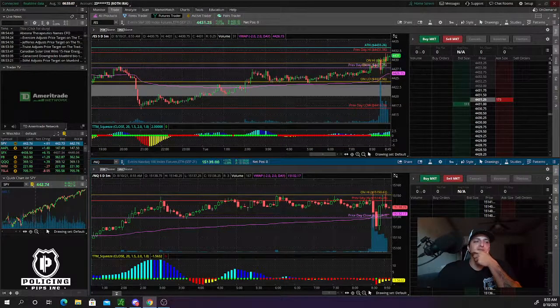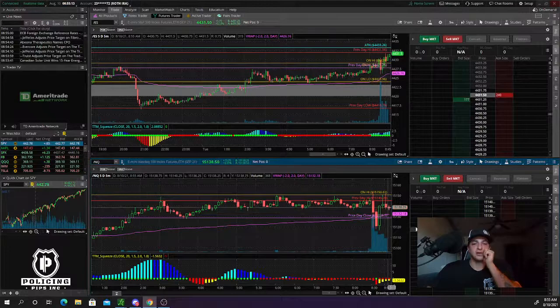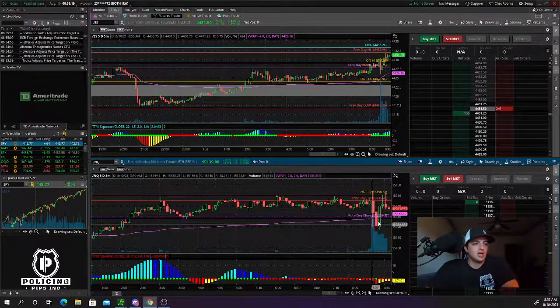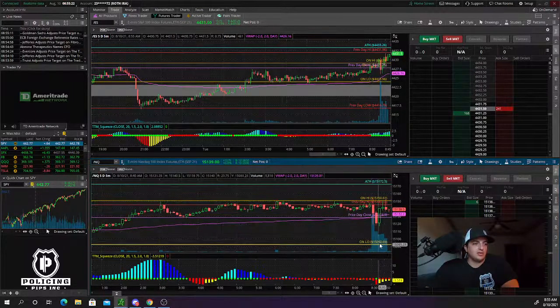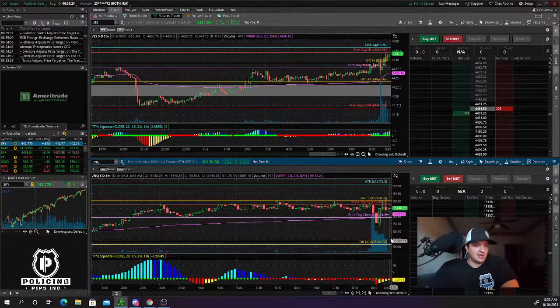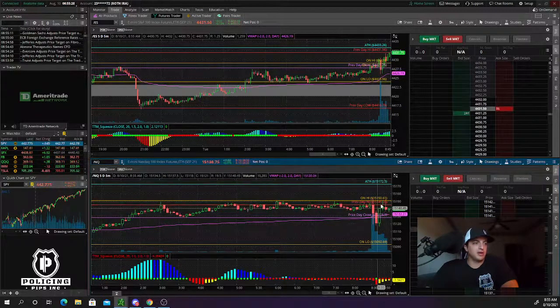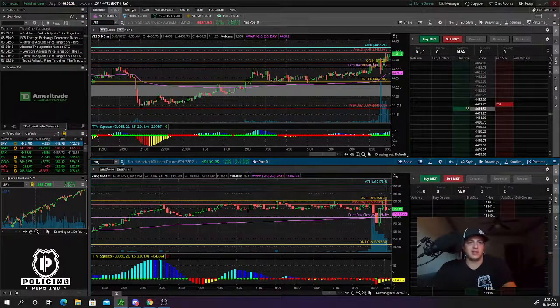It needs to break out. I think my goal here on the NASDAQ is to break that overnight, that previous day close, and then I could take that short down to the overnight low. That would be my play here on the downside. Because it's still stuck in this little tight range, it needs to break out and show me that it's going to hold before I want to take that in any specific direction.